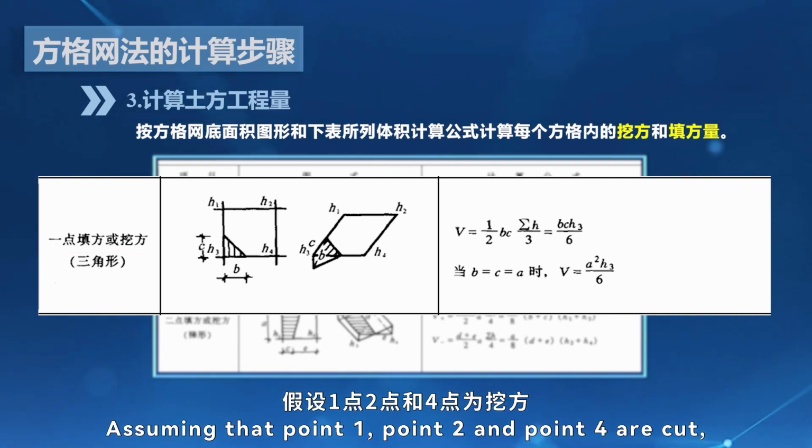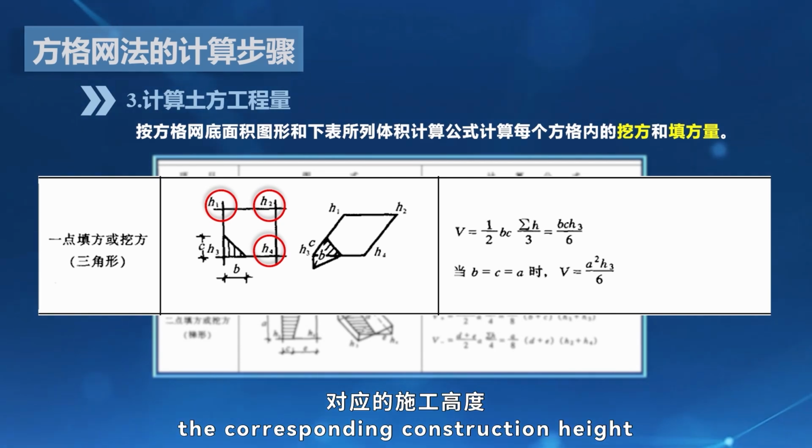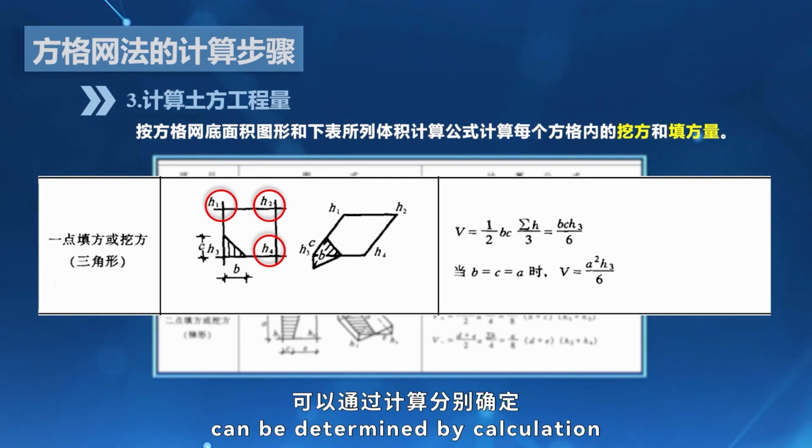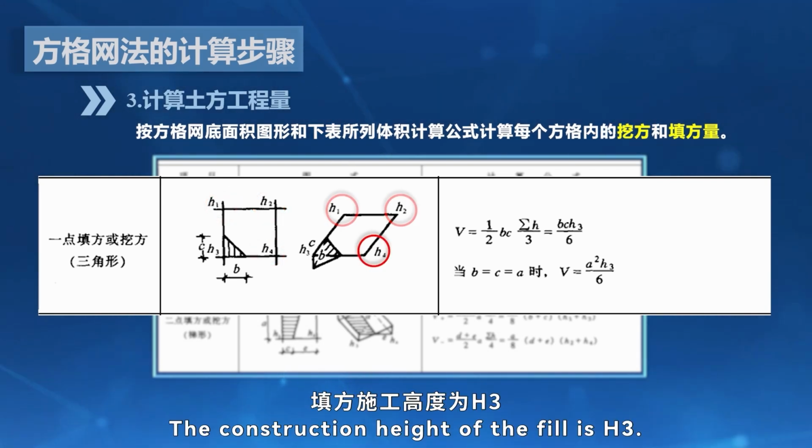Assuming that point 1, point 2, and point 4 are cut, the corresponding construction heights H1, H2, and H4 can be determined by calculation, and point 3 is fill. The construction height of the fill is H3.